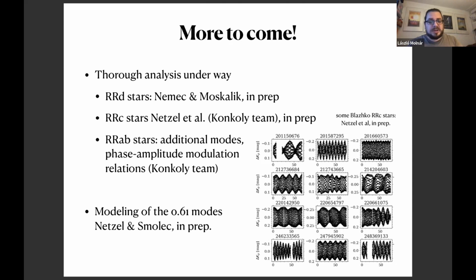So we only just started this work. We might be able to show some first results at the La Palma conference in a few months. And there is also a very interesting modeling paper coming up, trying to explain the 0.61 modes in RRd stars. So keep an eye out for these papers.